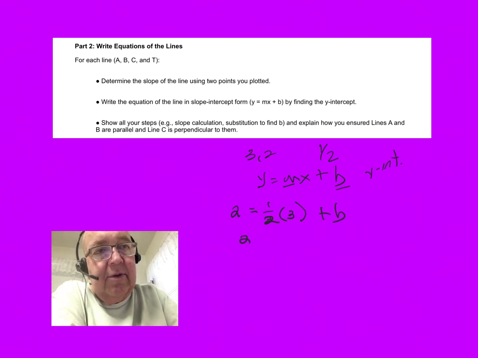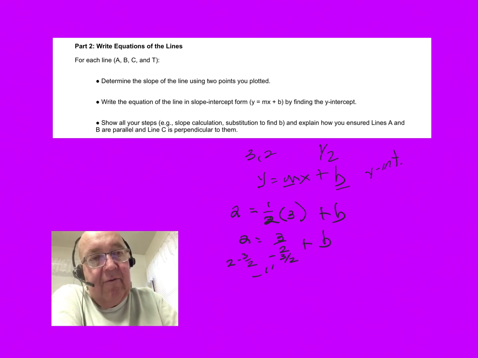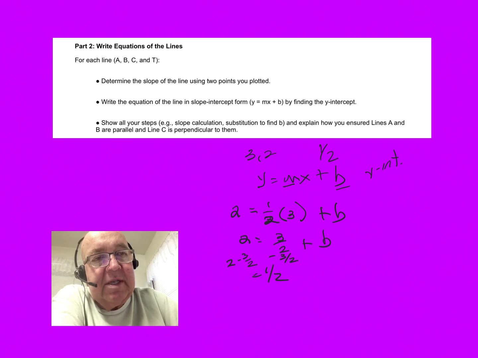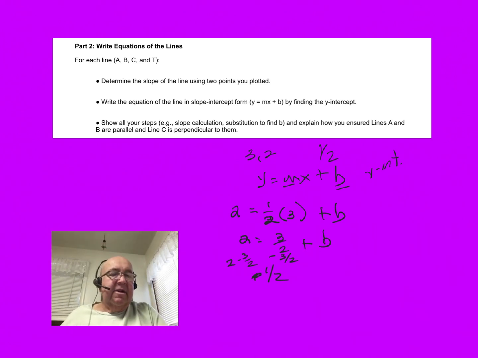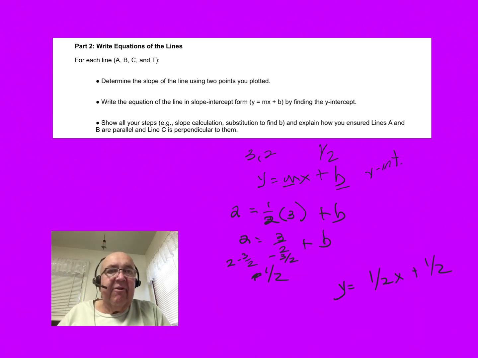Okay, 2 = 3/2 + b, and then I'm going to solve for b by subtracting 3/2. 2 minus 3/2: if I multiply the 2 by 2, it's going to be 4/2, so it's going to be just 1/2, not negative 1/2. So my equation then is going to be y = 1/2 x + 1/2. So I use that value for b.